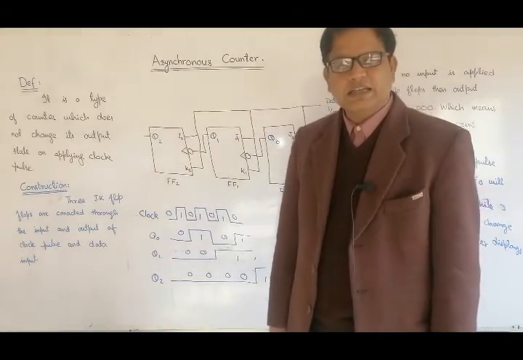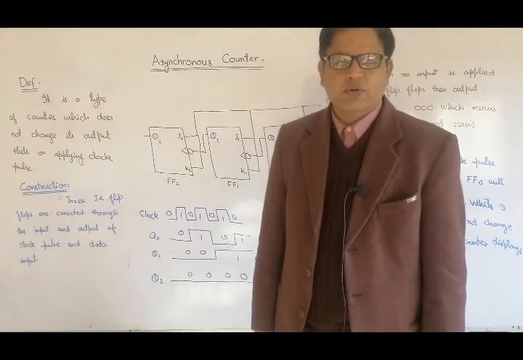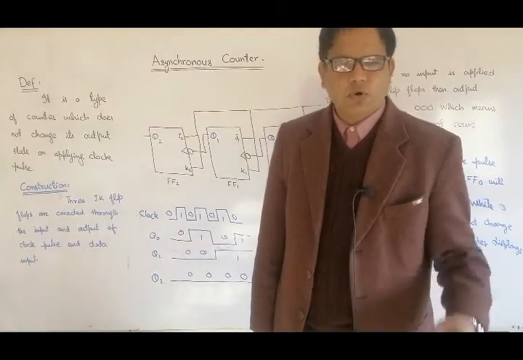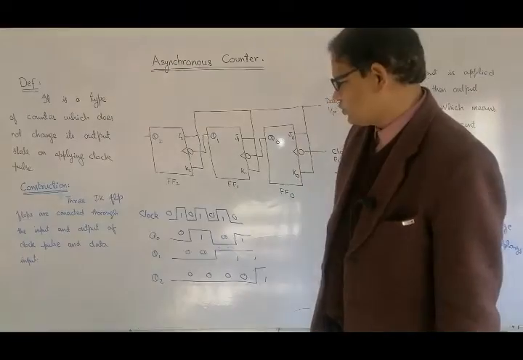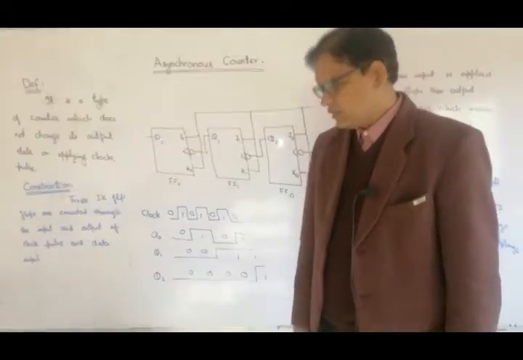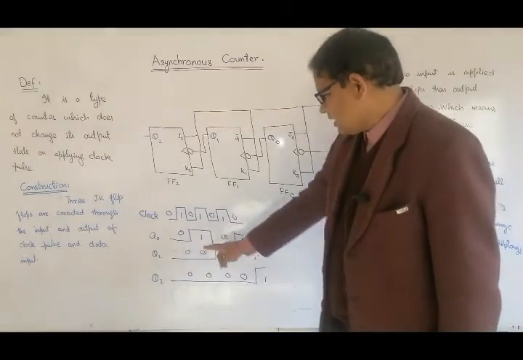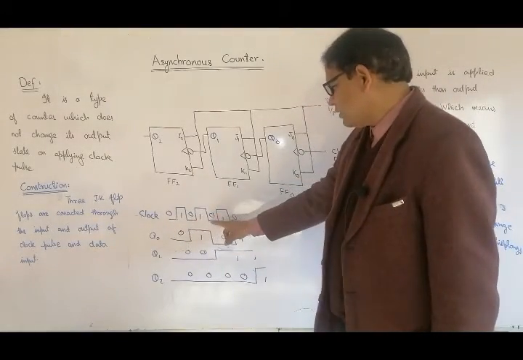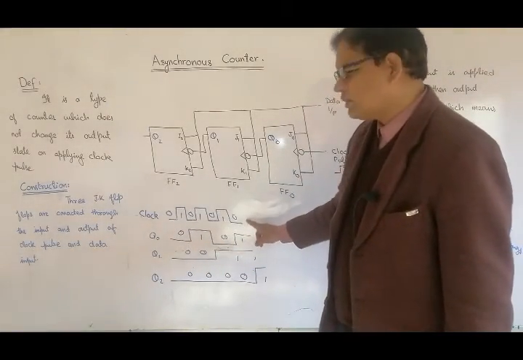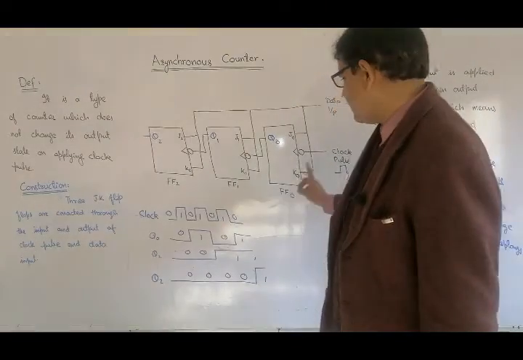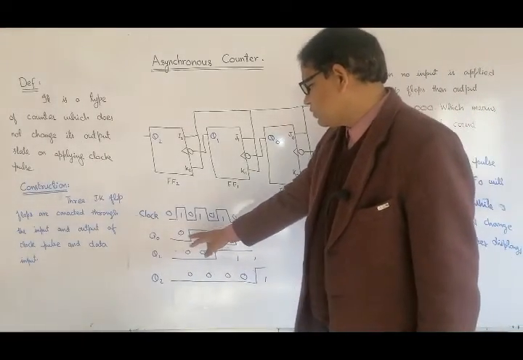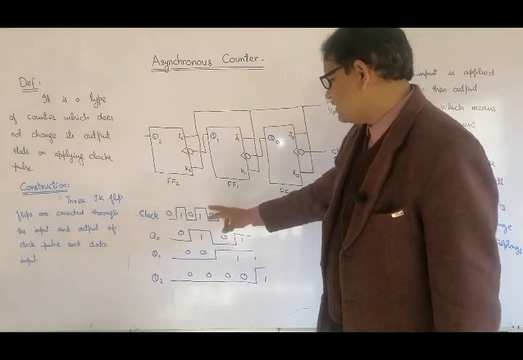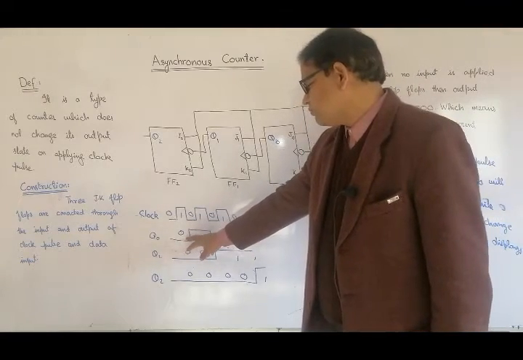Similarly, when we apply the third input, it will change to 010. Here I have the clock inputs 0 1 0 1 0 1 0. These are basically the clock pulses applied here, and Q0 at the stage when there is no clock pulse will be 0.